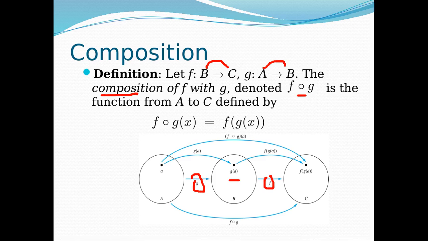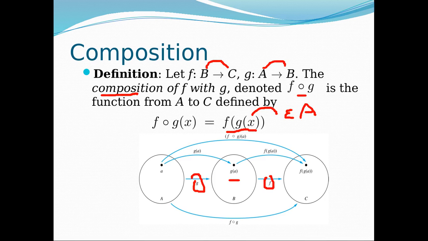So when we say f of g, you start off with a value x, which is an element of set A, and this result g of x is an element of the set B, right? Because g maps the set A to B, right?